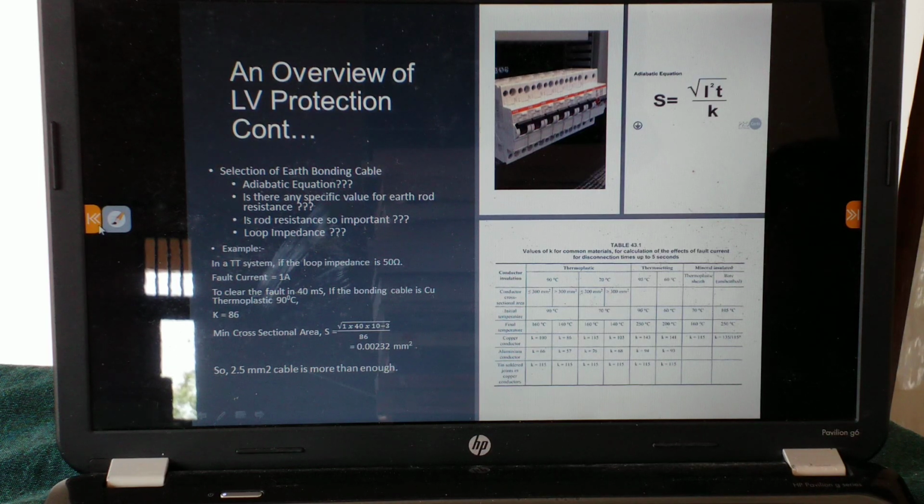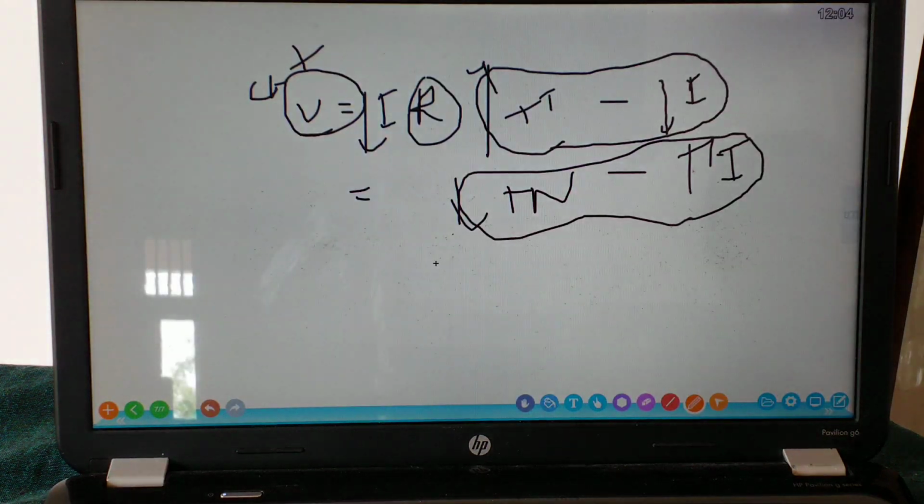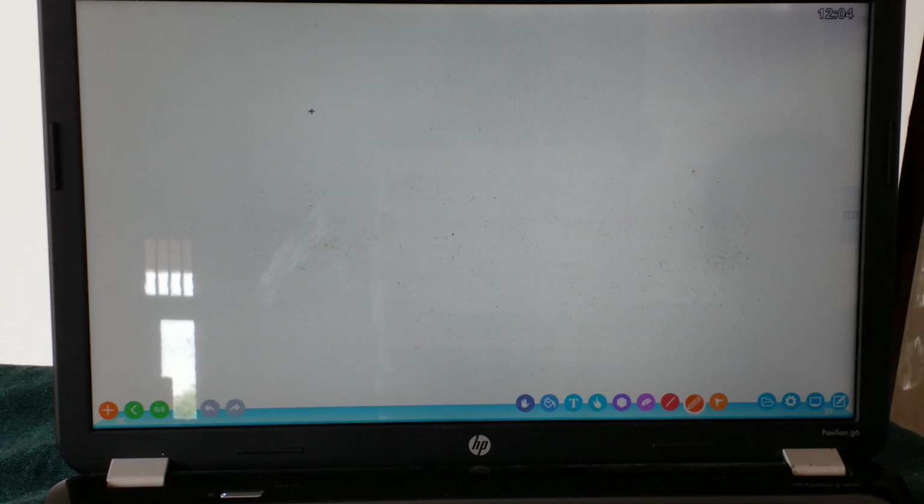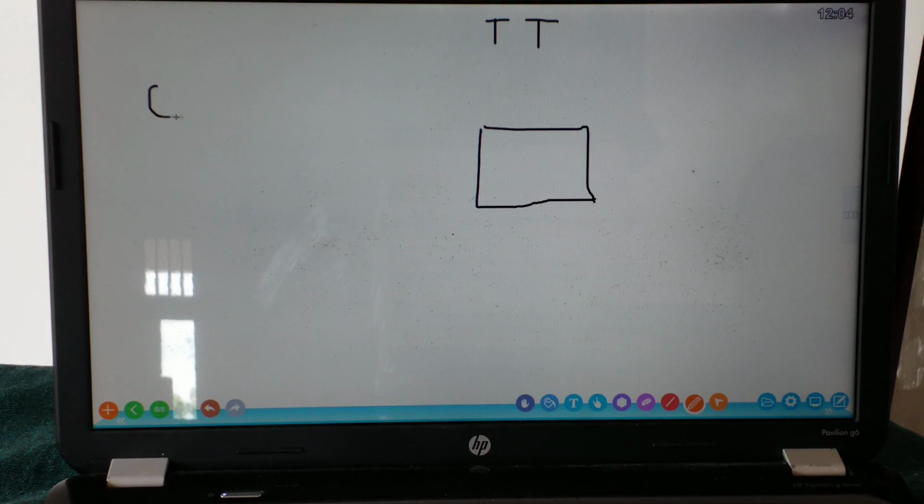No. Rod resistance is just a part of your system. Let's have a better view of a typical TT system. Here you have your transformer.